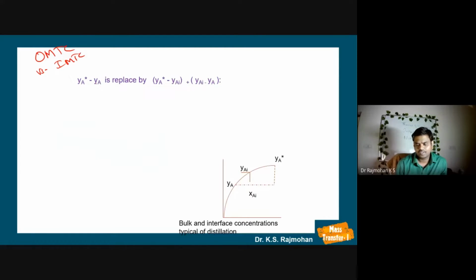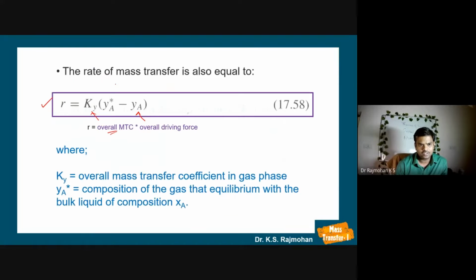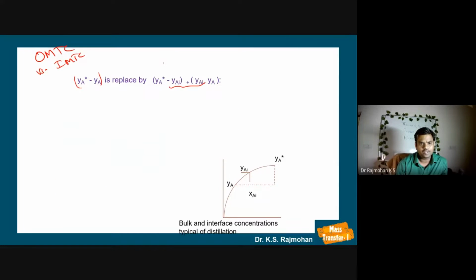For that, in the expression we replace y star minus ya by adding and subtracting yai, because we want to express it in terms of the interface. So Ky equals y star minus ya over r, so 1 by Ky equals y star minus ya by r, the mass transfer rate.